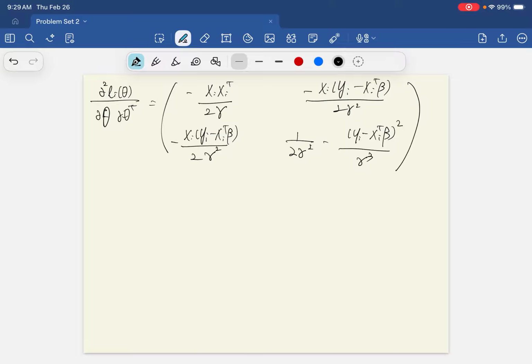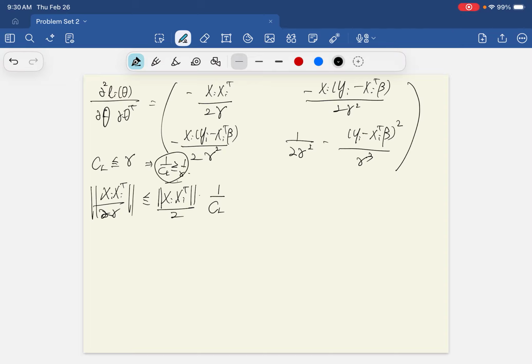Okay. Here we are going to bound each of them, right? So the first thing, 2 times gamma: xi transpose is separate, but gamma over 2 is separate, and 1 over gamma is bounded by 1 over the lower bound of gamma, right? So gamma is greater than CL, the lower bound, and that means 1 over CL is greater than 1 over gamma.